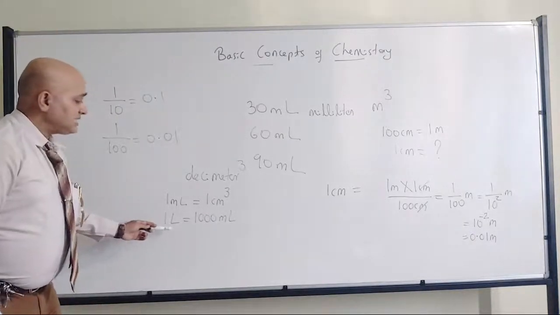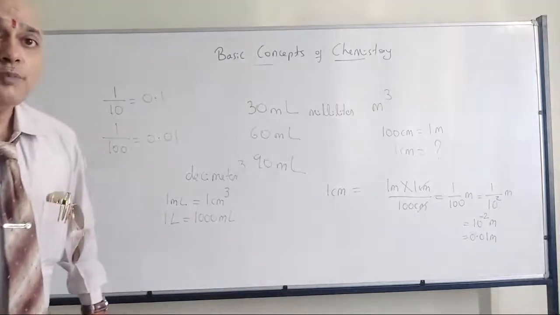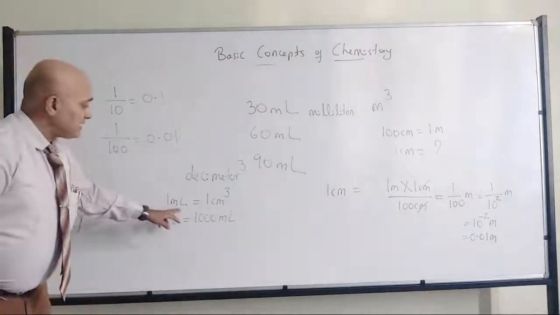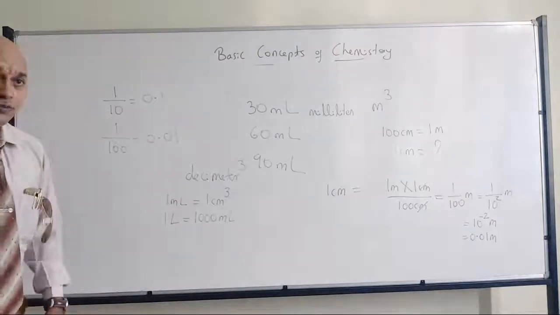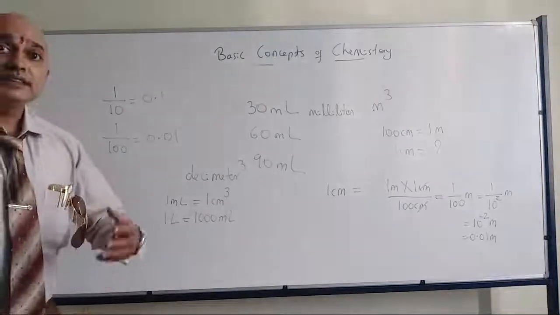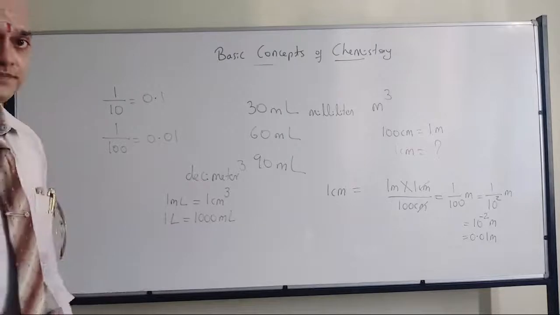Now, in that case, how many centimeter cube in 1 liter? 1 ml corresponds to 1 centimeter cube. 1 liter corresponds to 1000 ml. Then 1 liter corresponds to how many centimeter cube?